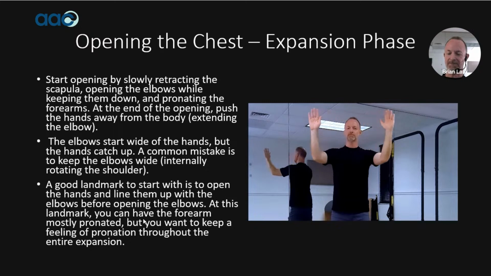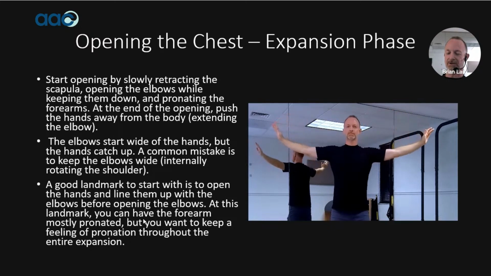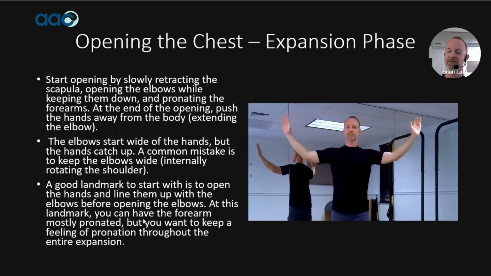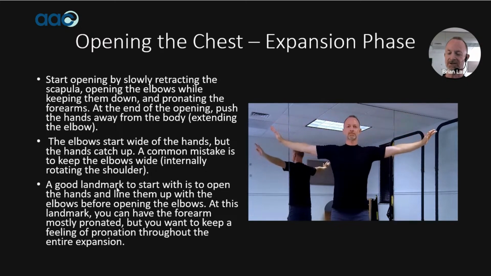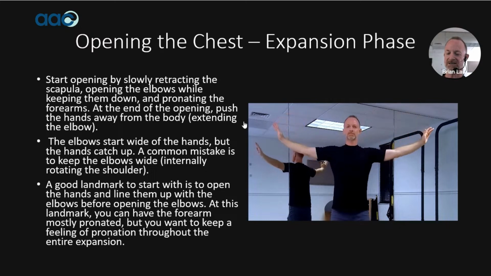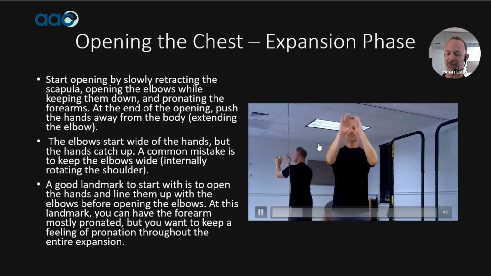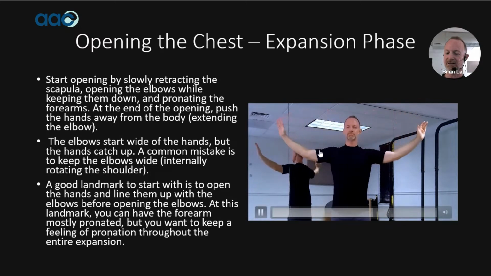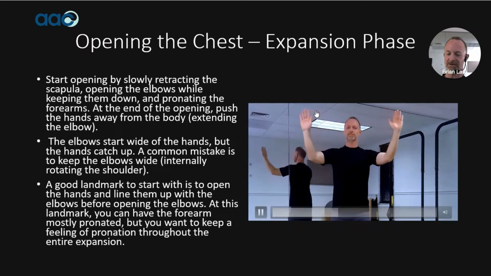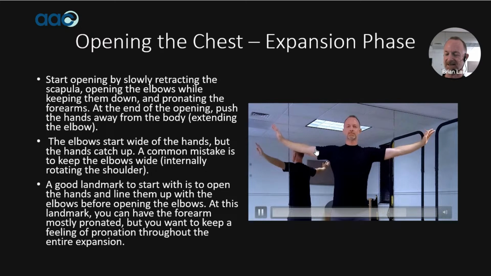So what I want to do is keep the elbows down, and I want the hands to go wide of the elbows. There's a nice midpoint that you can notice where the hands line up right there. They line up with the elbows just on the side of the body. I'm going to put my cursor over it. So right here, there's a point in time where the hands and elbows line up, and the hands are facing out.